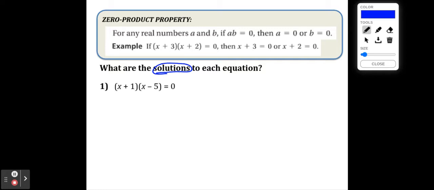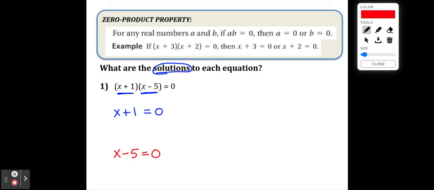Okay. So if I take these two factors and multiply them together to get 0, it must be true that one of them would have to be 0. So either the x plus 1 would have to equal 0, or the x minus 5 factor would have to equal 0 for the product to be 0.